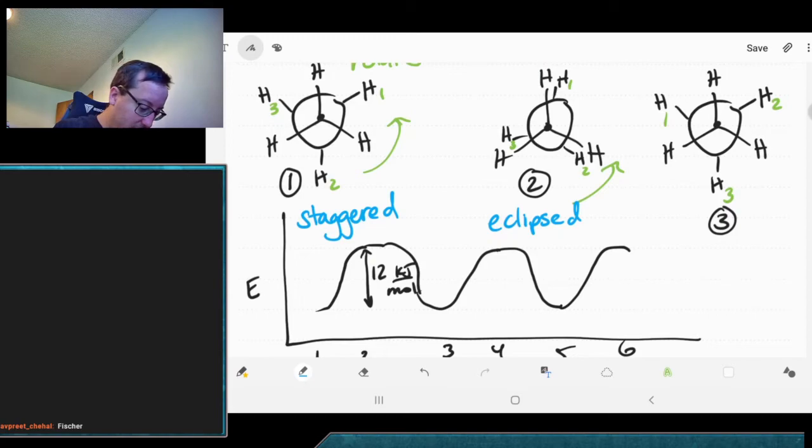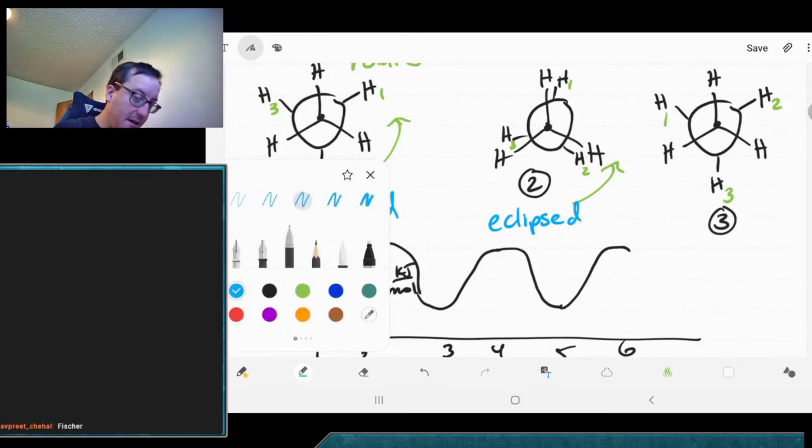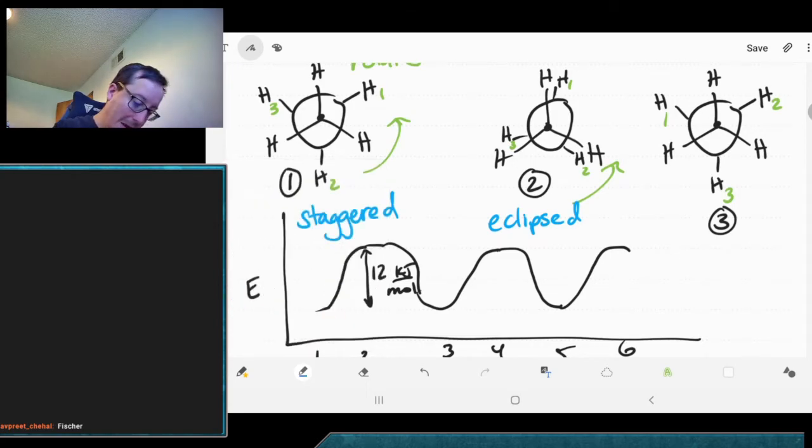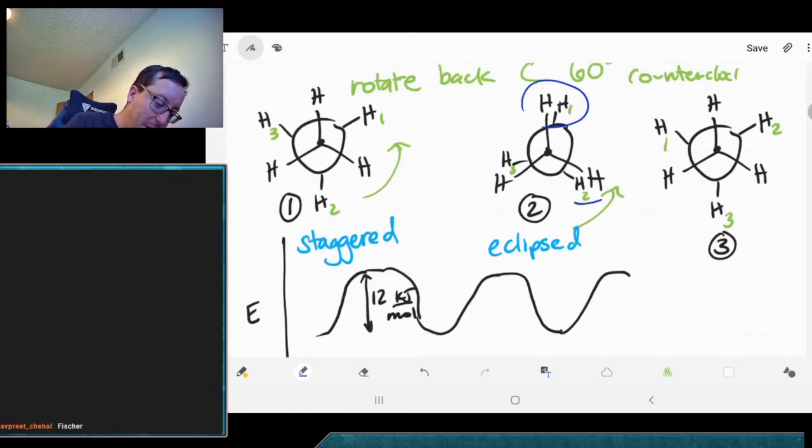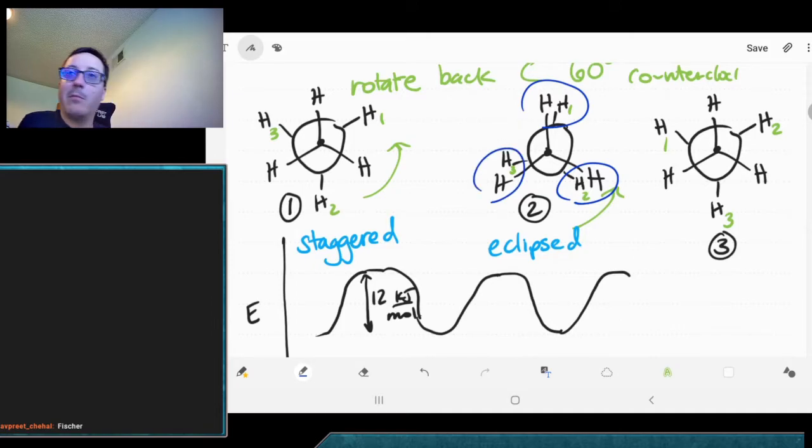The book makes a big deal of this. I don't think it's a big deal, but if we take into consideration that this is about a 12 kilojoule per mole process to rotate between them, again, not a huge amount of energy. But if we see that there's 3 hydrogens bonking into each other, right? We have this pair, and this pair bonking into each other.